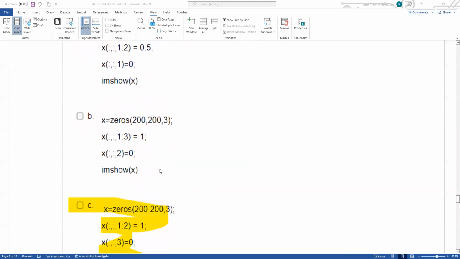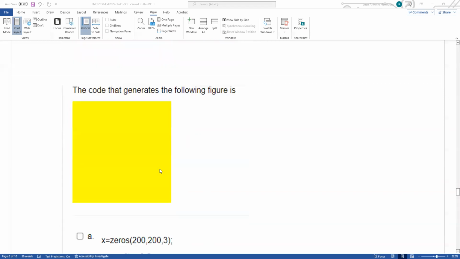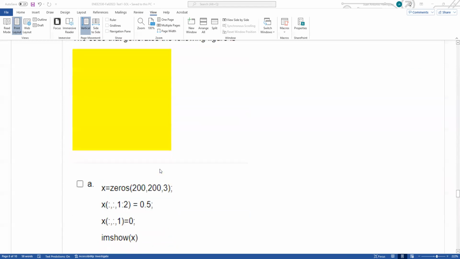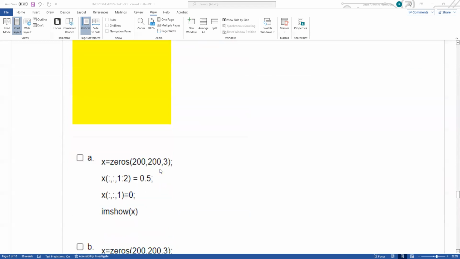So we can also go by elimination here, right? If you look at the first one, for instance, first of all, you're generating a three-dimensional matrix of size 200 by 200 pixels. And if you remember, this particular statement here will generate 3 matrices, each one full of zeros, 200 by 200.